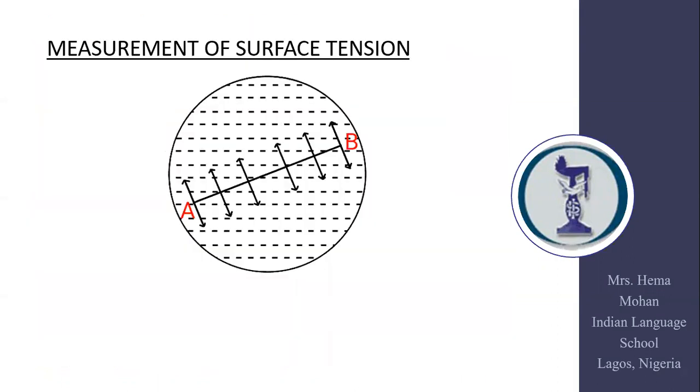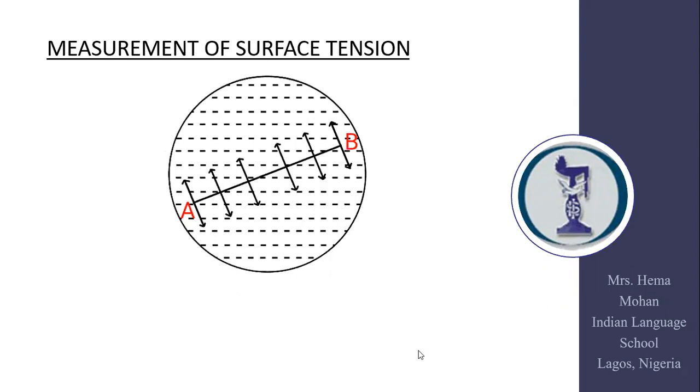Now, how am I going to measure surface tension? If I consider an imaginary line drawn on a liquid surface, as I told you during the soap film experiment that you viewed, there are forces acting on either side of any imaginary line that you consider on the surface, which pull apart the molecules on that line equally on either side.